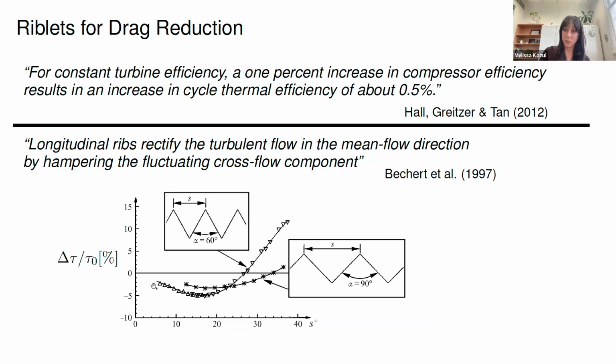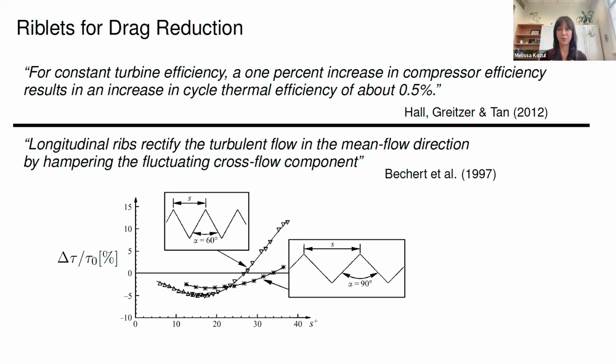If the riblets are too small, too finely spaced, the flow perceives that surface as being hydrodynamically smooth, and so it doesn't do anything either. But in the middle, there's a sweet spot where the riblets are actually reducing the drag. And again, these fundamental studies show maybe 5% reduced drag, up to 7% depending on the riblet geometry.